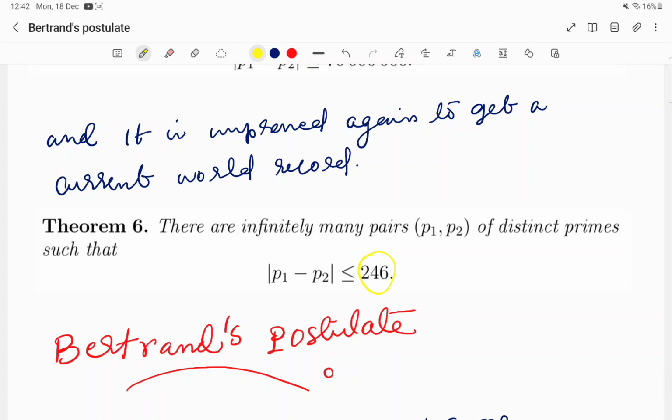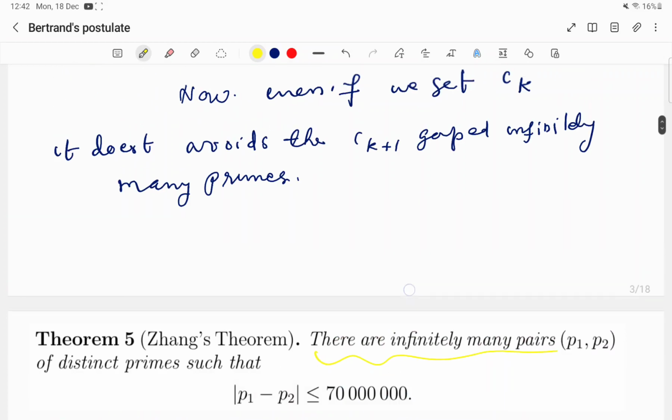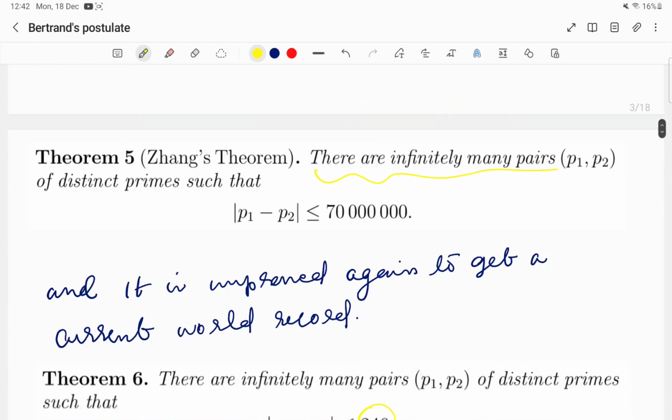The collaboration between mathematicians across the world was able to reduce 70 million into a very small three-digit number, 246. So the power of collaboration was amazing. That program was called the Polymath program. You can check all this on the internet. So these are the results on gaps.